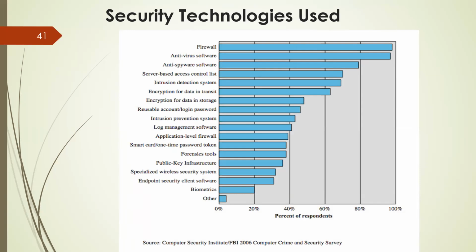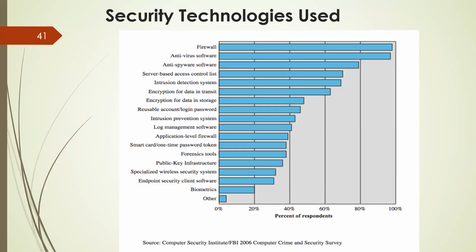Antivirus software, anti-spyware software, server-based access control lists to track who accesses what and when, intrusion detection systems, encryption systems, login with username and passwords, intrusion prevention systems, log management software, application level firewalls, forensic tools. All these help in responding to or preventing people from accessing these items.